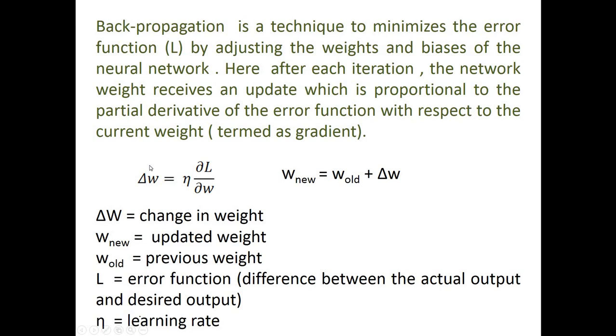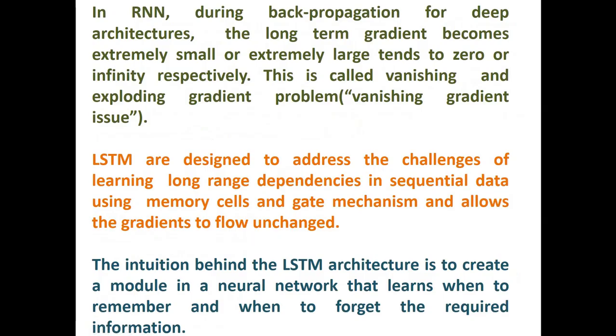So a new weight is created using the loss function and the learning rate, and this gradient starts disappearing. In an RNN, during backpropagation for deep architectures and long-term dependencies, the gradient becomes extremely small or extremely large. If the gradient becomes extremely small it disappears, and extremely large is also a problem. This is called the vanishing gradient issue.